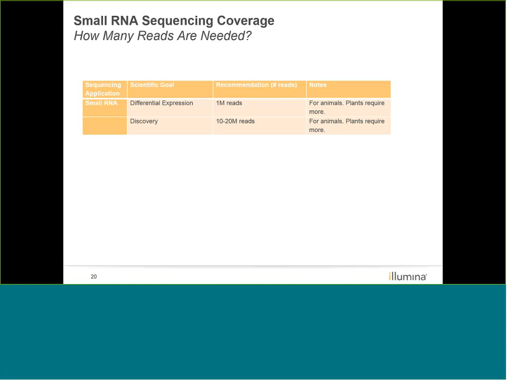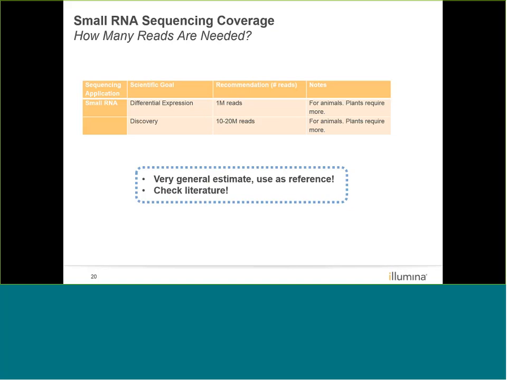These numbers are for animals. Plants will require more. One thing I wanted to emphasize is that these numbers are very general estimates. Please use them as reference and check the literature and see what the standard or the spec is in your particular scientific field.